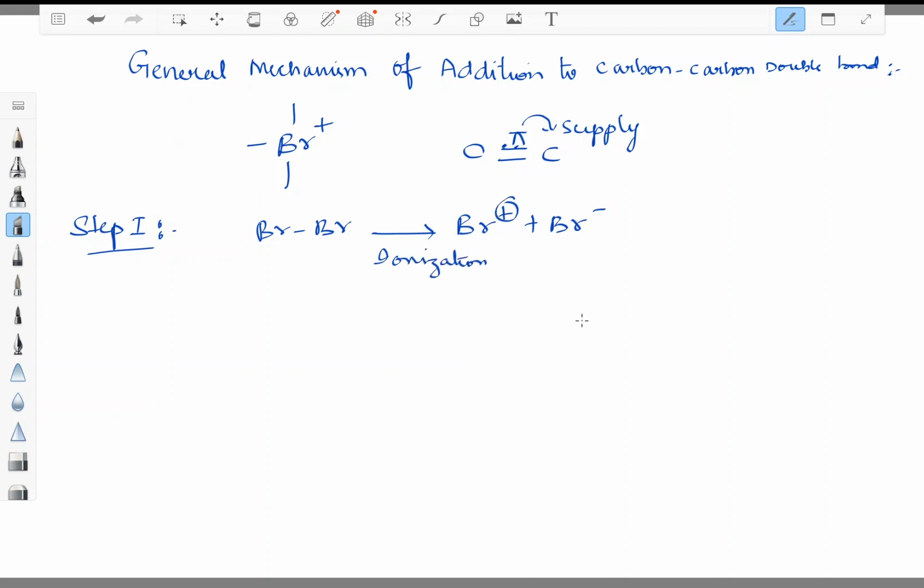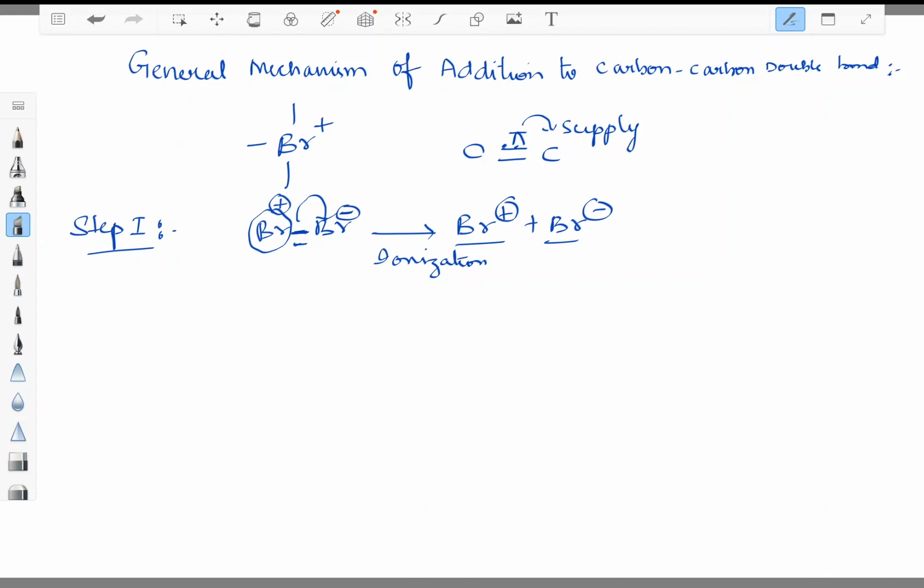Here we have two ions formed, a positive ion and a negative ion. We have discussed before how they form: the sigma bond between these two Br atoms is equally shared. If this bond is entirely shifted to this Br, it generates a negative charge, and because the other Br is losing the bond from itself, it generates a positive charge. That is how we get Br plus and Br minus.